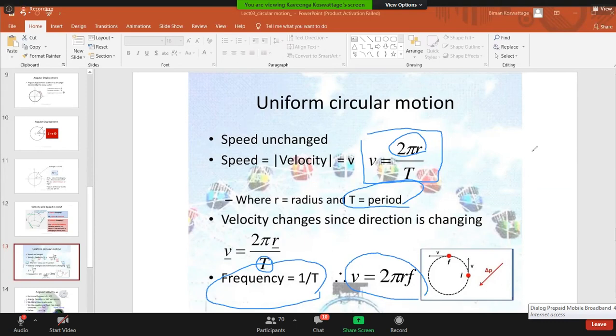So if you have an object moving with any velocity, and the radius is r, and if you know the frequency, you can find the velocity, which is 2πrf. So please write this one. This is valid only for uniform circular motion.